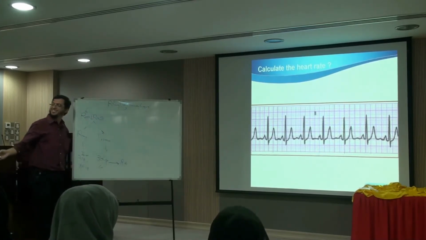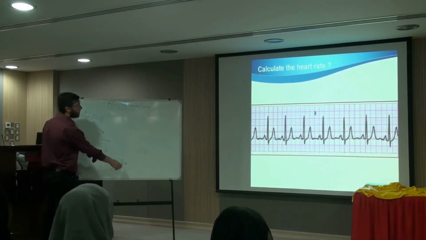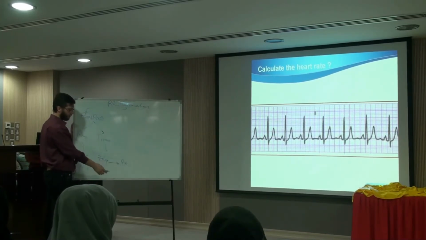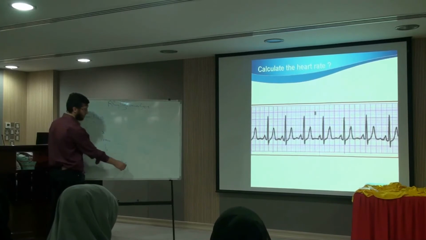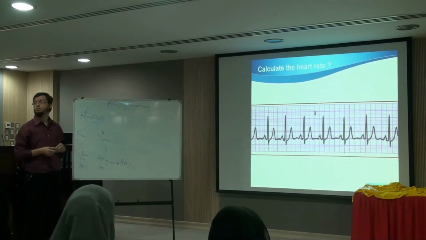That's why I said 70. Excellent. There are 7 R waves in these 30 large squares. So if you imagine that 300 is 60 seconds, you multiply this by 10. Easy so far? Yeah.